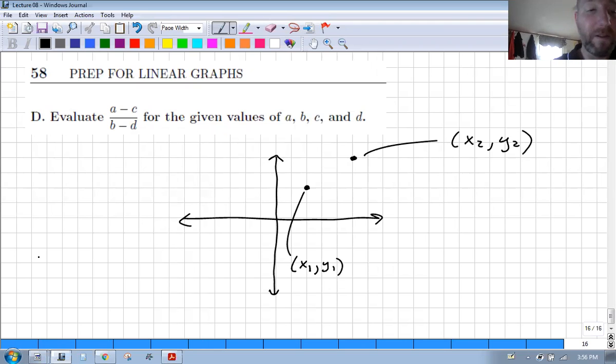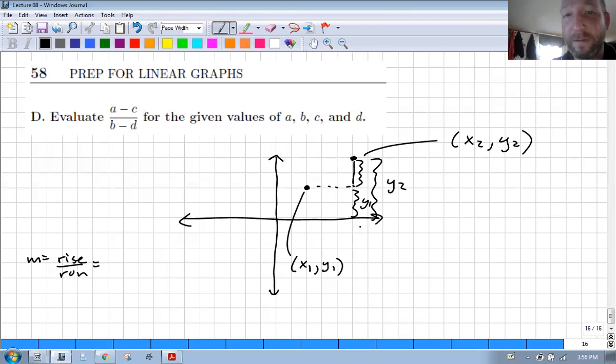So if we want to find m, which is the rise over the run, the rise is this distance here, right? That's how far you're going up. So what is the rise? Well, if this distance here is Y2 and this distance here is Y1, then that distance there is Y2 minus Y1. So a rise is the difference in the Y coordinates.